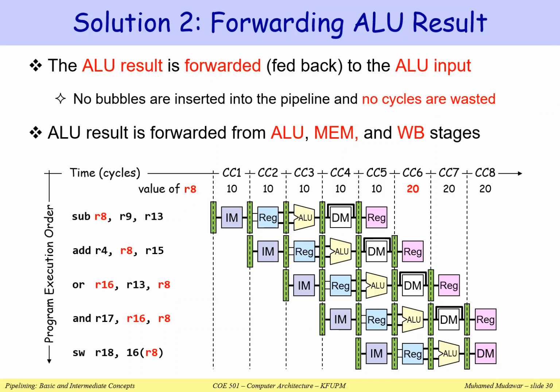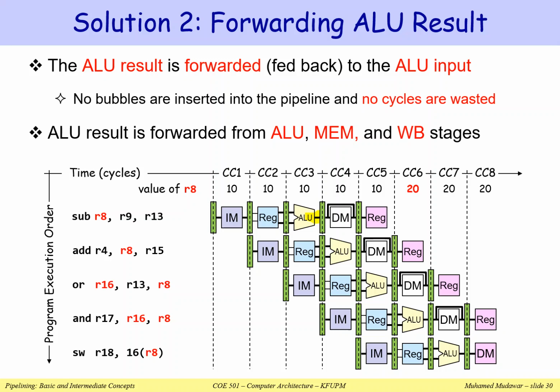Now, the subtract instruction is going to compute its result during clock cycle number 3. So it's going to execute on the ALU and produce its result at the end of clock cycle number 3. Because the result is available at the output of the ALU, there is no need to wait until clock cycle number 6 to read the value of R8 from the register file.